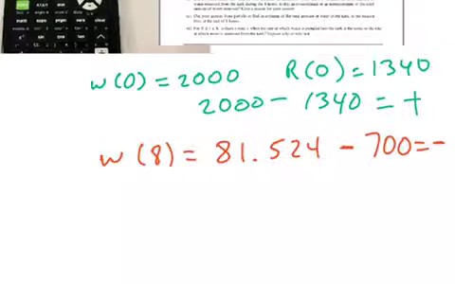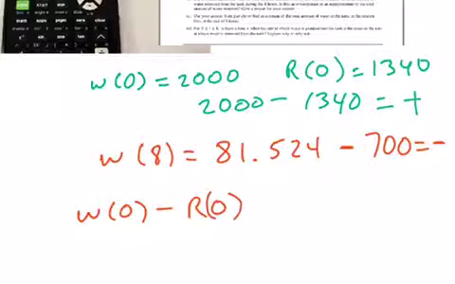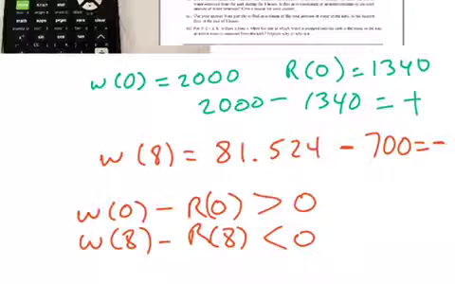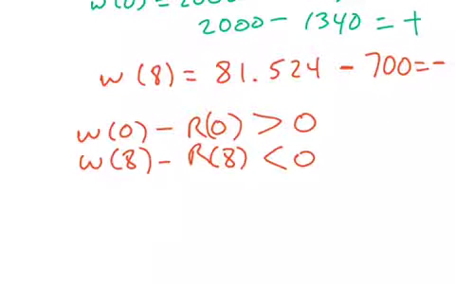The legit way of saying this would be W of 0 minus R of 0 is greater than 0, and W of 8 minus R of 8 is less than 0. So if this is true, by the intermediate value theorem, we can say that it will at some point cross at 0.